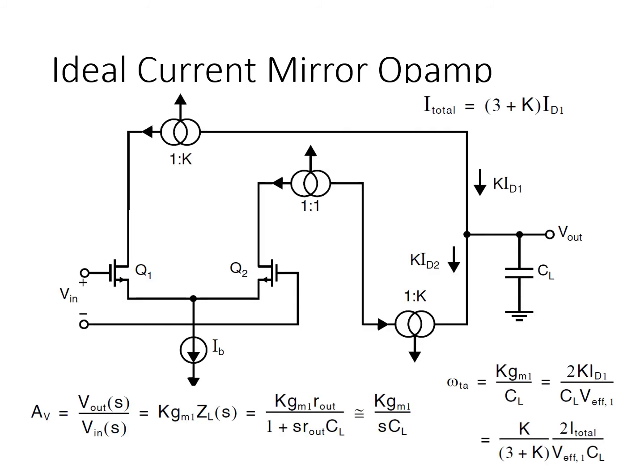So with that understanding, here's an idealized schematic of the current mirror op amp. This is a single stage op amp with input differential pair Q1 and Q2.